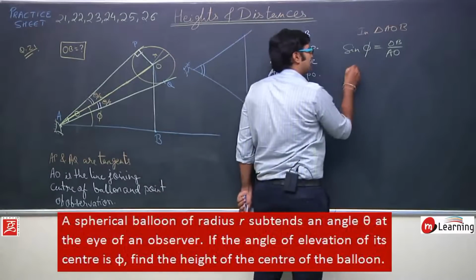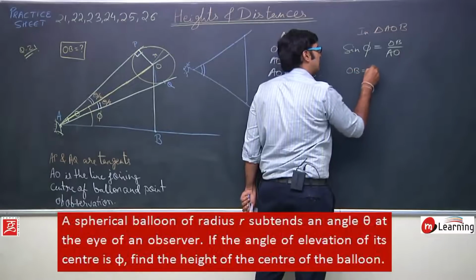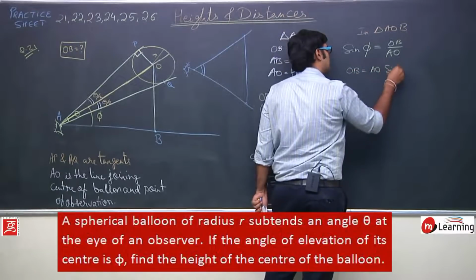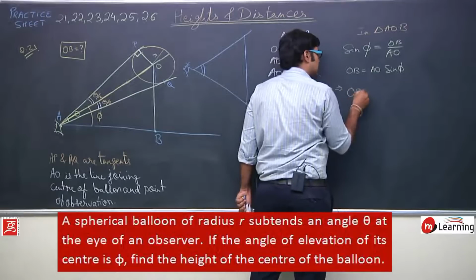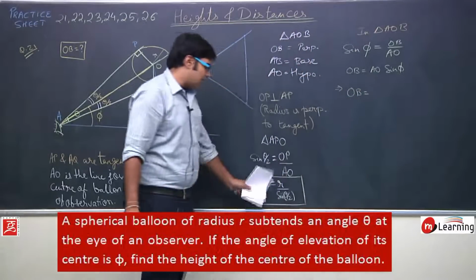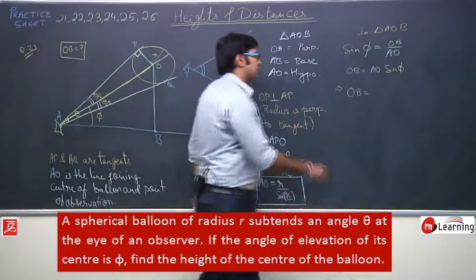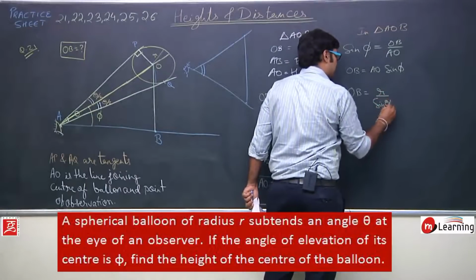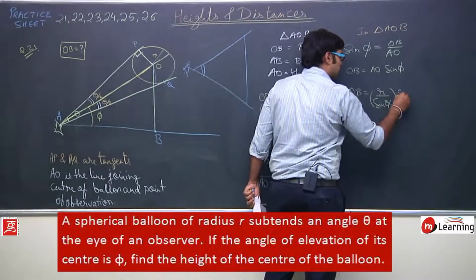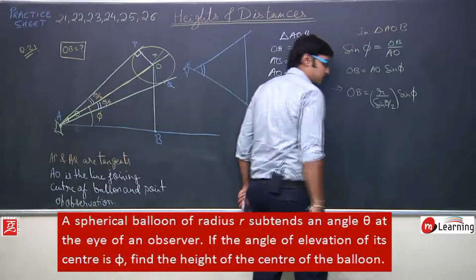So from here I can write OB is equal to AO sine phi, which implies OB is equal to, now what is AO? R upon sine theta by 2. So in place of AO I can write R upon sine theta by 2 into sine phi.